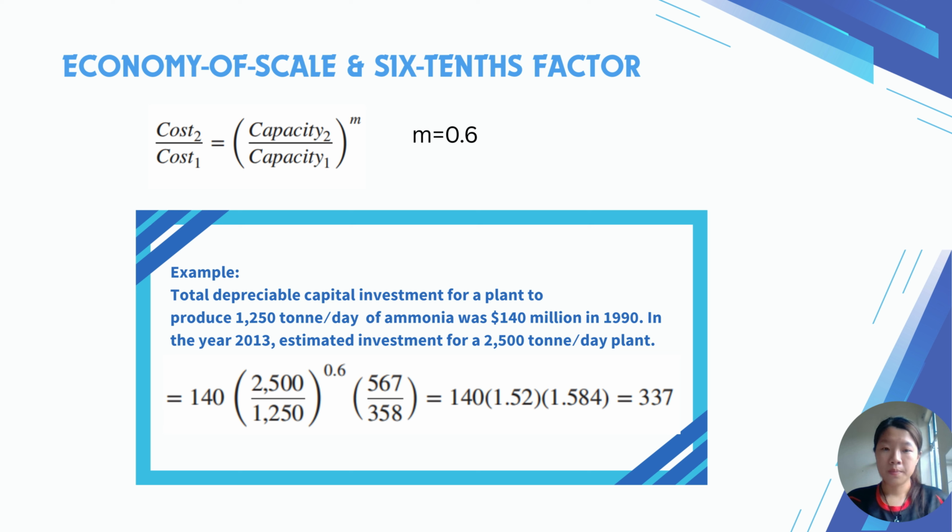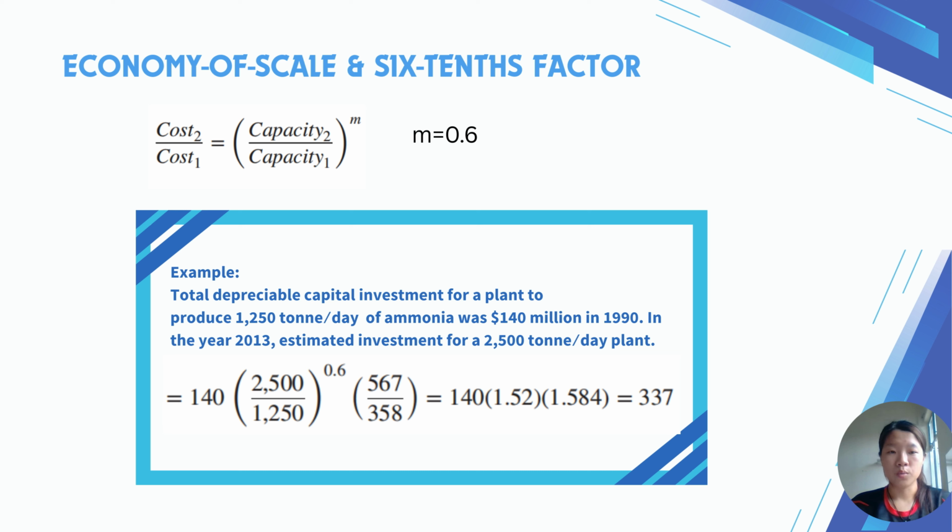Example: the total depreciable capital investment for a plant to produce 1,250 tons per day of ammonia was 140 million in 1990. So we can estimate the investment cost for a 2,500 tons per day ammonia plant in 2013.